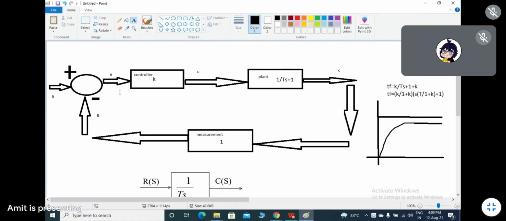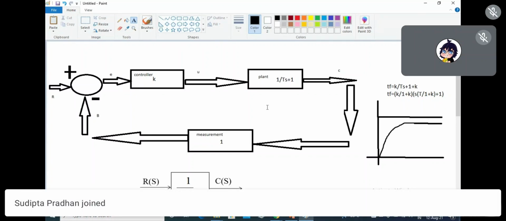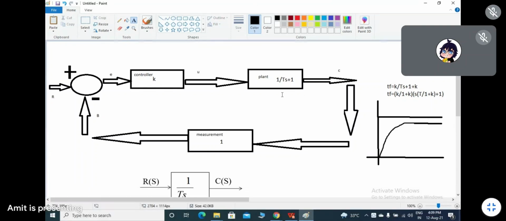What is the forward path gain? It will be K into 1 divided by tau s plus 1. When you convert it into closed loop transfer function, you just add the numerator to your denominator.